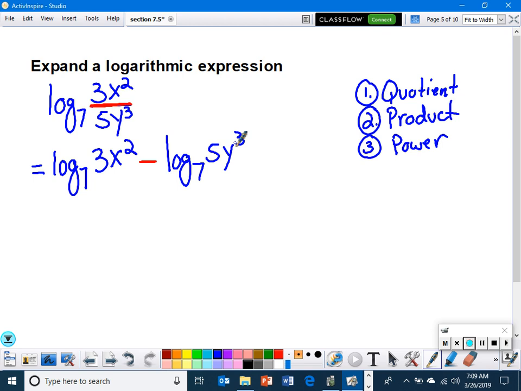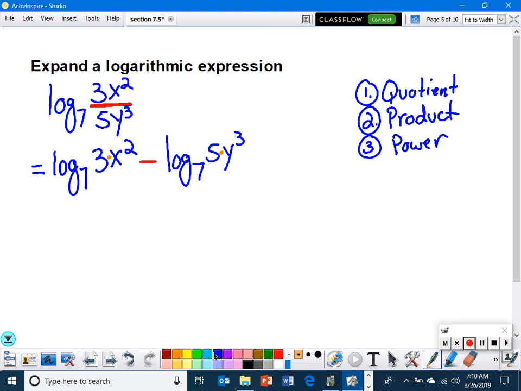The next thing we're going to do is the product property. So right here, it's 3 times x squared. That's the product. Over here, it's 5 times y cubed. So I'm going to split that up using the product property.